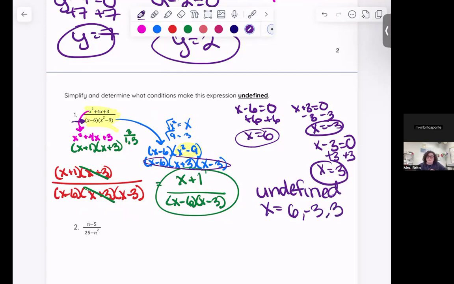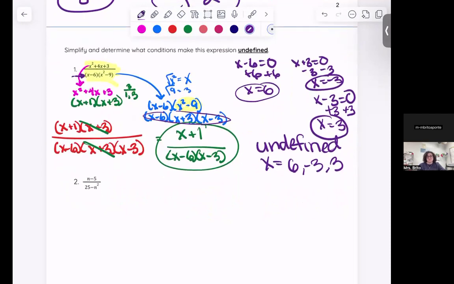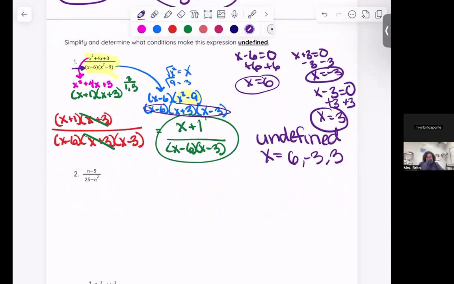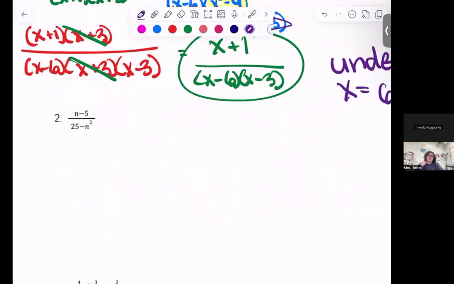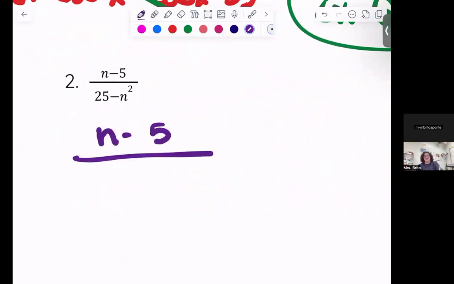I know it was a lot. We are factoring first. We cross out what is the same. And then I have to go back and look at my denominator to see where things are undefined. Okay. Number 2, let's take a look. We have a difference of 2 squares in our denominator. But it's different because that 25 is first. So let's see.